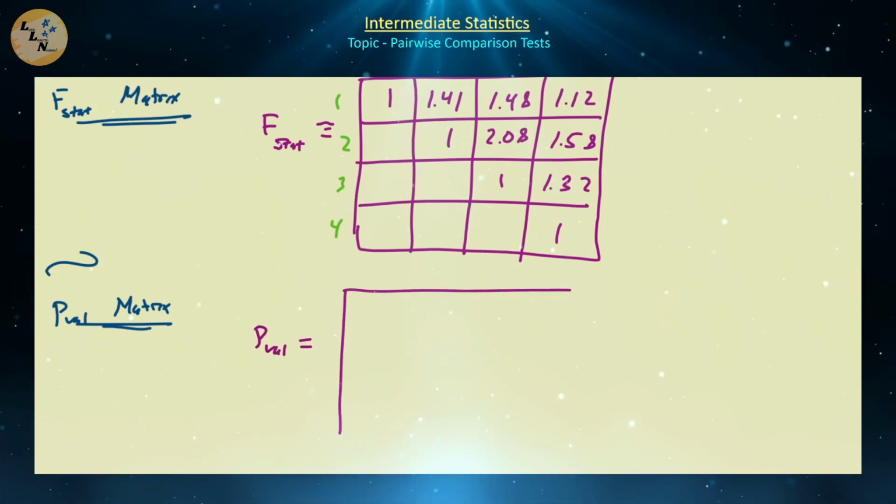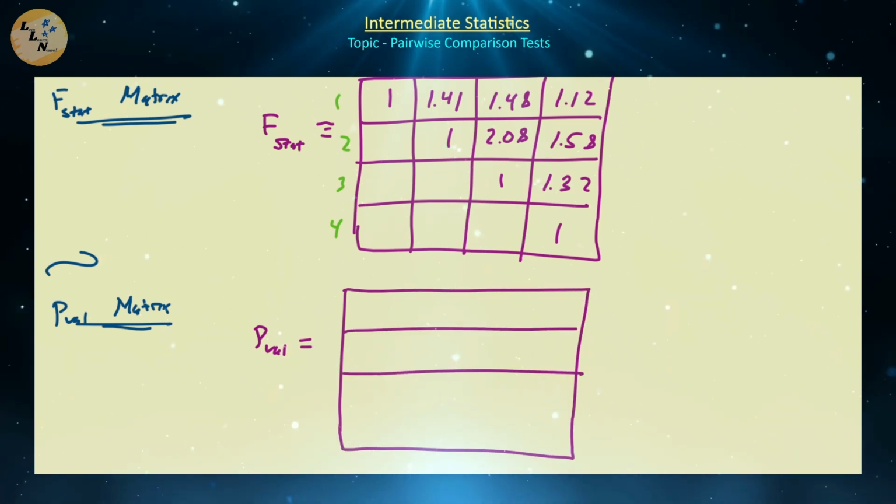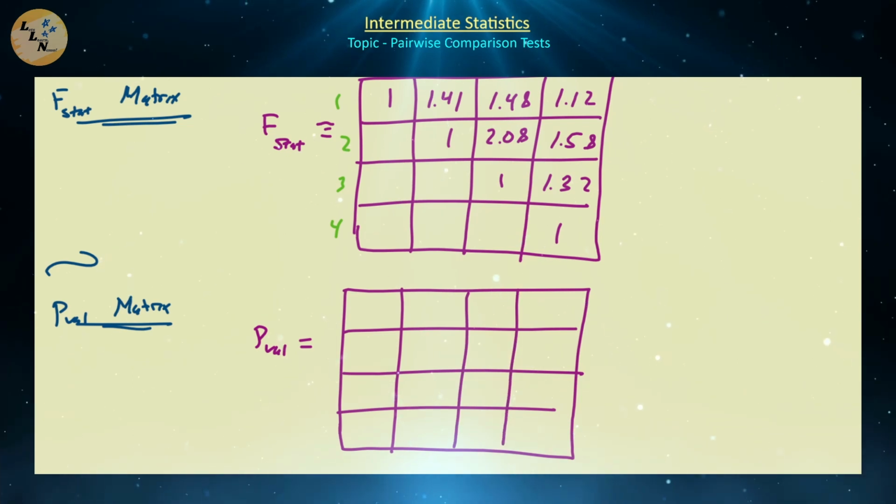So again, let's calculate our p-value matrix, which is going to be something along this form. So let's put diagonal entries of 1 down the diagonal. And also notice that I'm not actually doing the lower triangle of the F-test statistic matrix nor the p-value, because we're actually looking at a one-tailed test here.